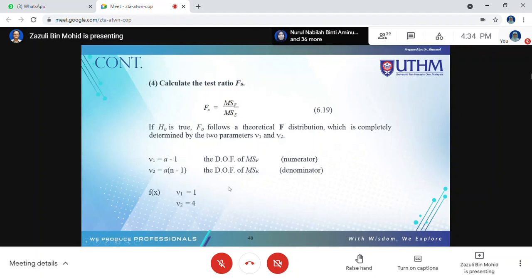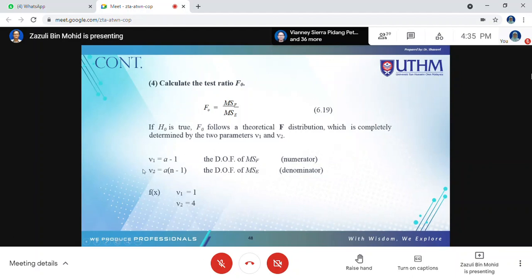Let's say we have 3 responses for each level and the number of levels is 2. Then 2 minus 1 is 1 for V1.